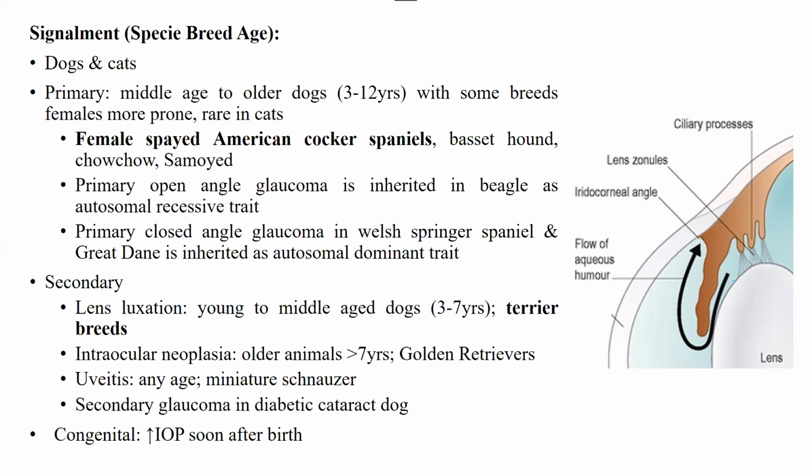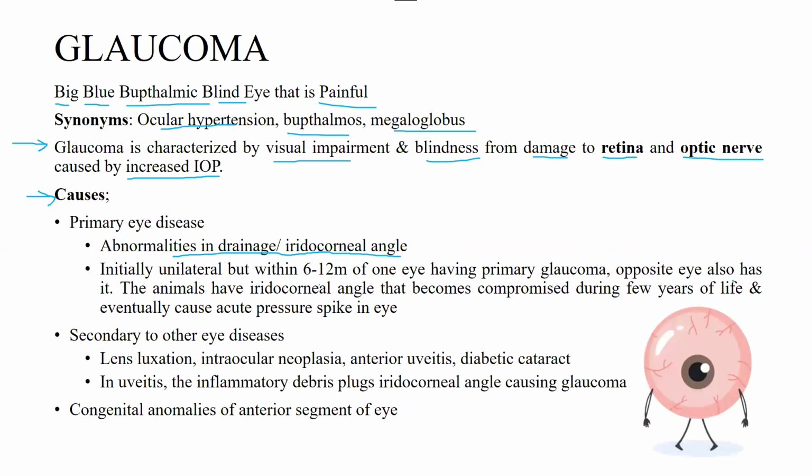This angle should remain intact and open, and because of that there will be constant outflux. But if any abnormality happens to this angle, the fluid is going to stay in the eye and there is going to be increased IOP. Increased IOP will cause increased pressure, the eye will stretch, the eye size is going to get bigger, like the big blue ophthalmic eye, and there is going to be pain.